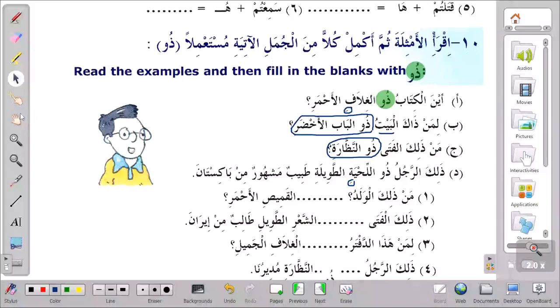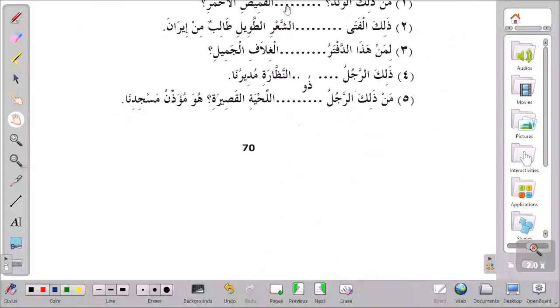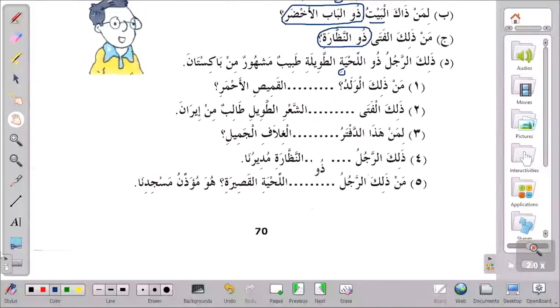Okay, so I want us to do a little bit of Arabic grammar here, at least for these last two examples.